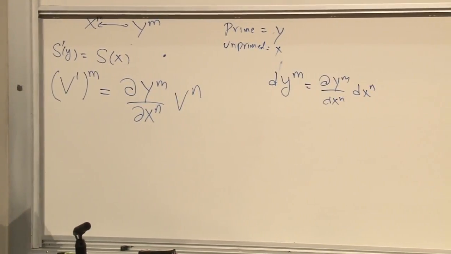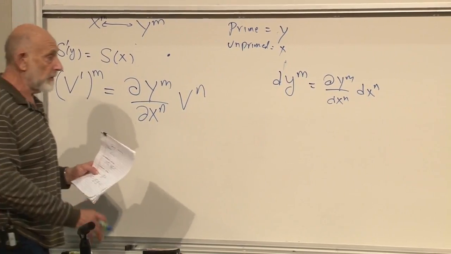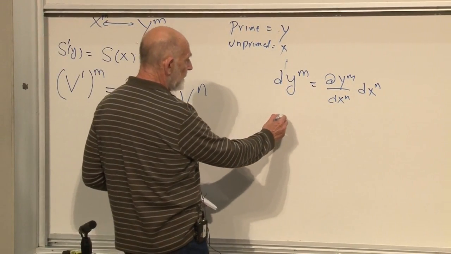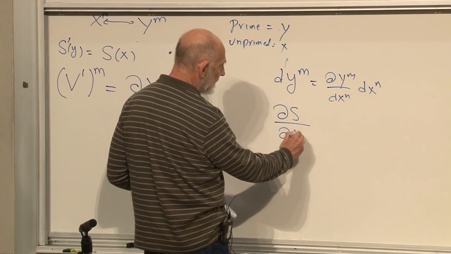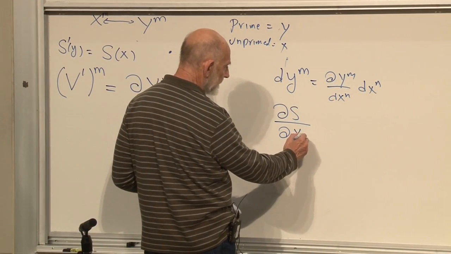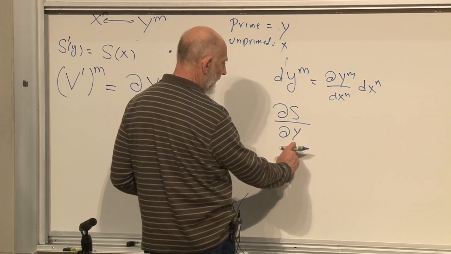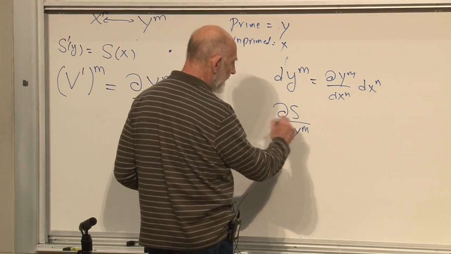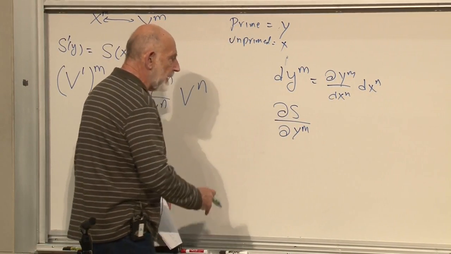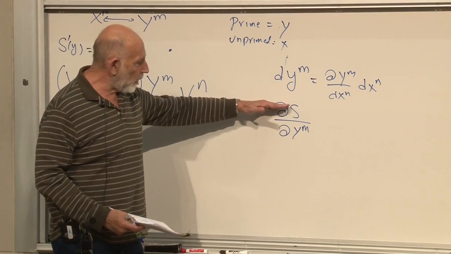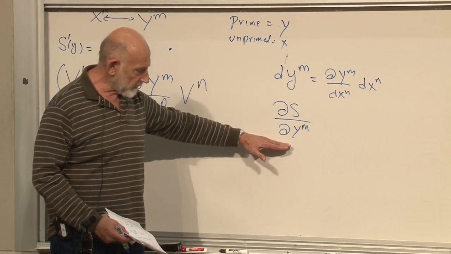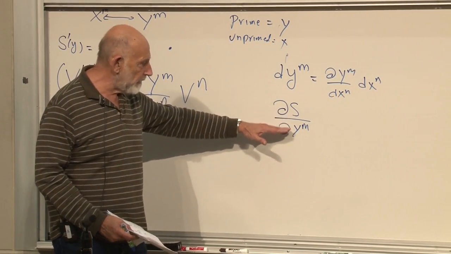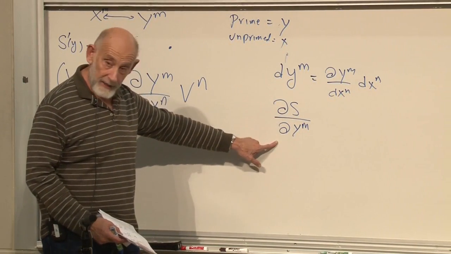The covariant components, a covariant component of a vector would be, for example, if you have a scalar s and you differentiate it with respect to y, let's say y^m, this becomes the primed component of a covariant vector, or the primed covariant component of the gradient vector.